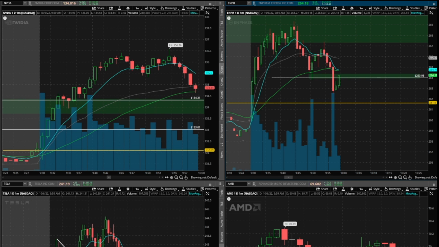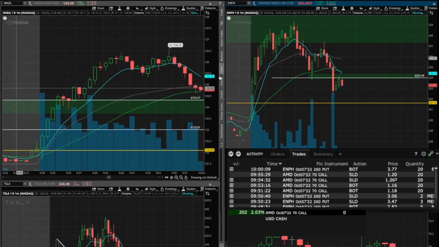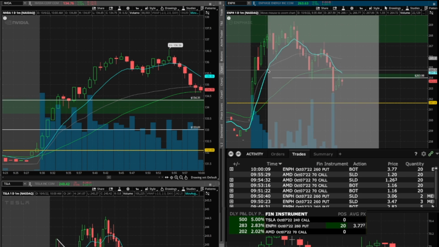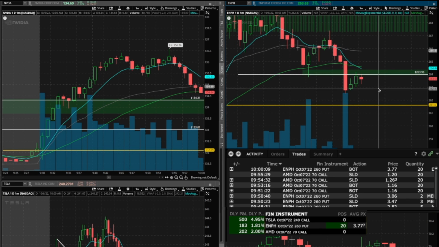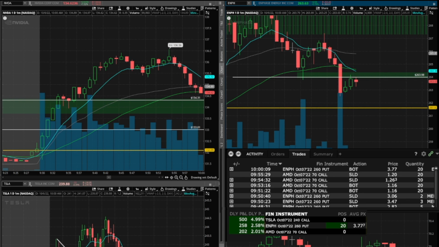I'm watching for a rejection of 264 on ENPH. That's the previous low right here. Yeah, I'm taking ENPH puts right there. Stop is right over 264. Break and retest at 264 right there on ENPH. I'm in the 260 puts.